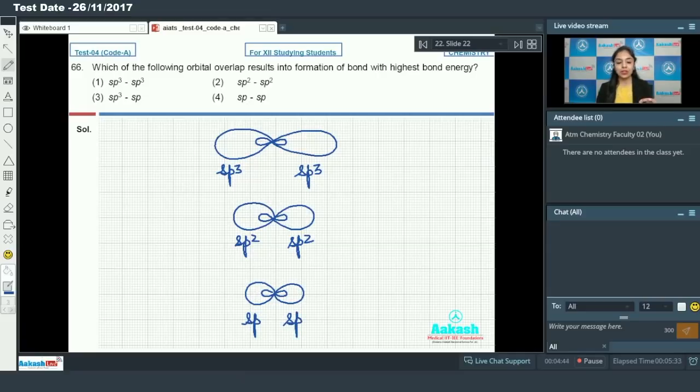So sp3 orbitals are longer, whereas sp orbitals are shorter. Why? Because sp orbitals are closer to the nucleus. So you see that the bond length in the case of sp3 overlap is highest. So this is the increasing bond length.